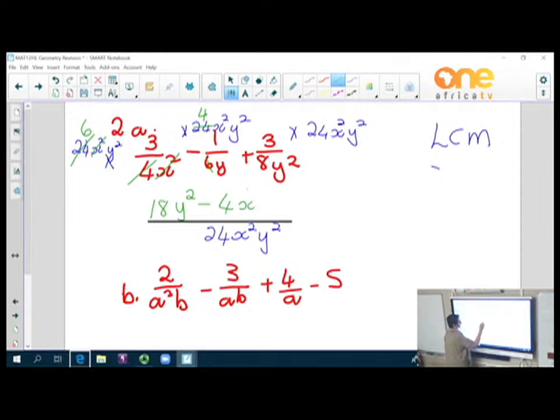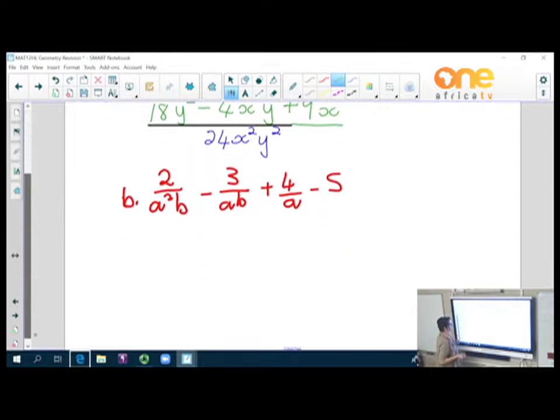Then x^2, and the y will cancel out, so it's y to the power of 1. And here, 8 divides into 24 3 times. 3 times 3 is 9. Now this will cancel out, and there you have x^2. There are no like terms, so that is the answer. We cannot simplify any further.